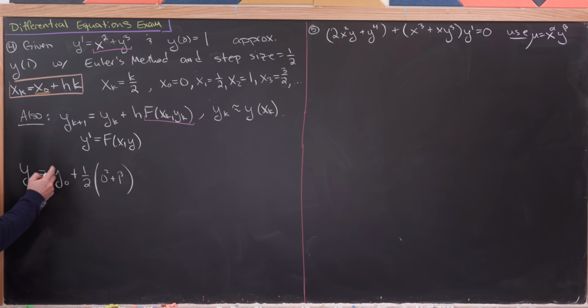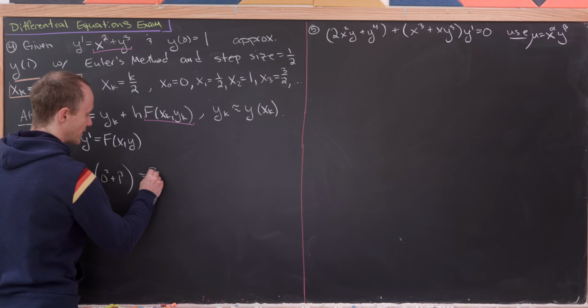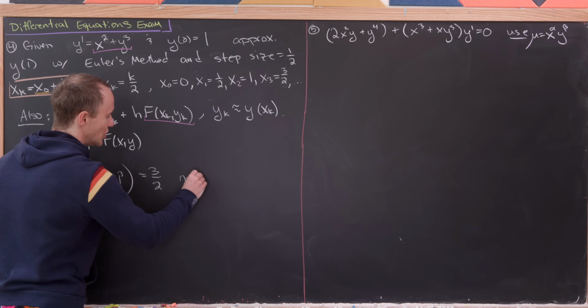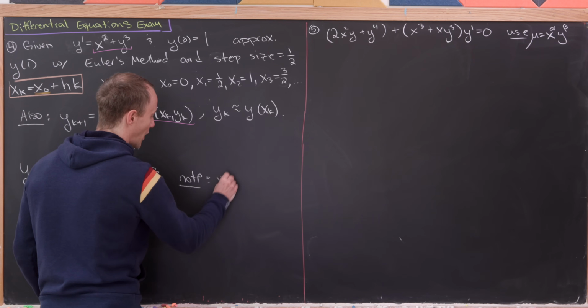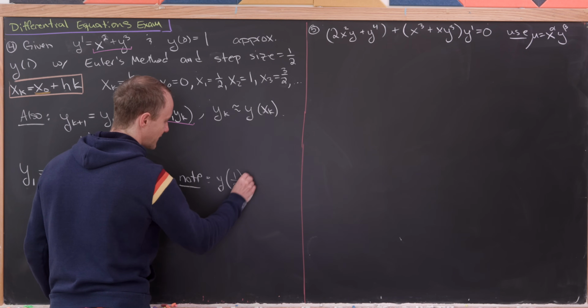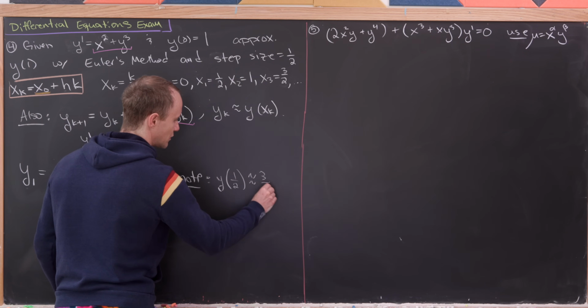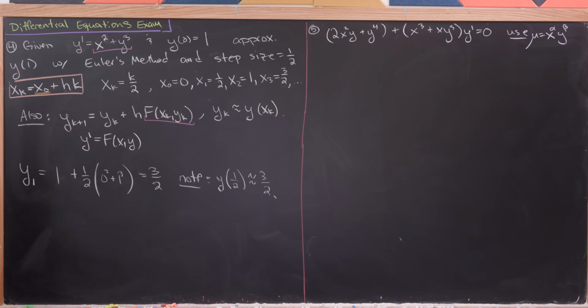Okay, and then y0, let's insert that in there. That's simply 1. So that's everything inserted into Euler's formula for y sub 1. So we're going to have 1 plus 1/2, which is 3/2. And now let's note that that means y evaluated at 1/2 is approximately equal to 3/2. Okay, great. Now let's do the next step.